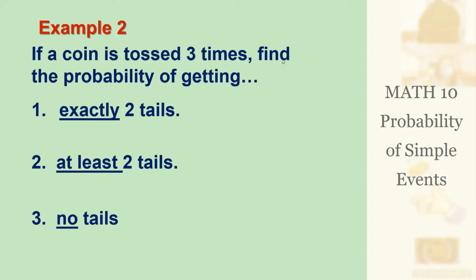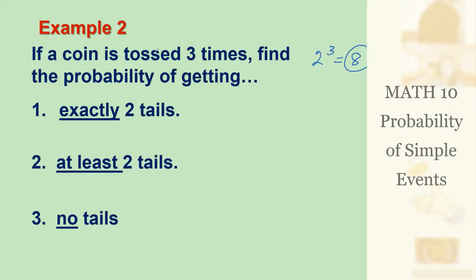How many outcomes if you will have a coin and you will toss it 3 times? It's 2 cubed, right? So you'll have 8. So 8 is the denominator.